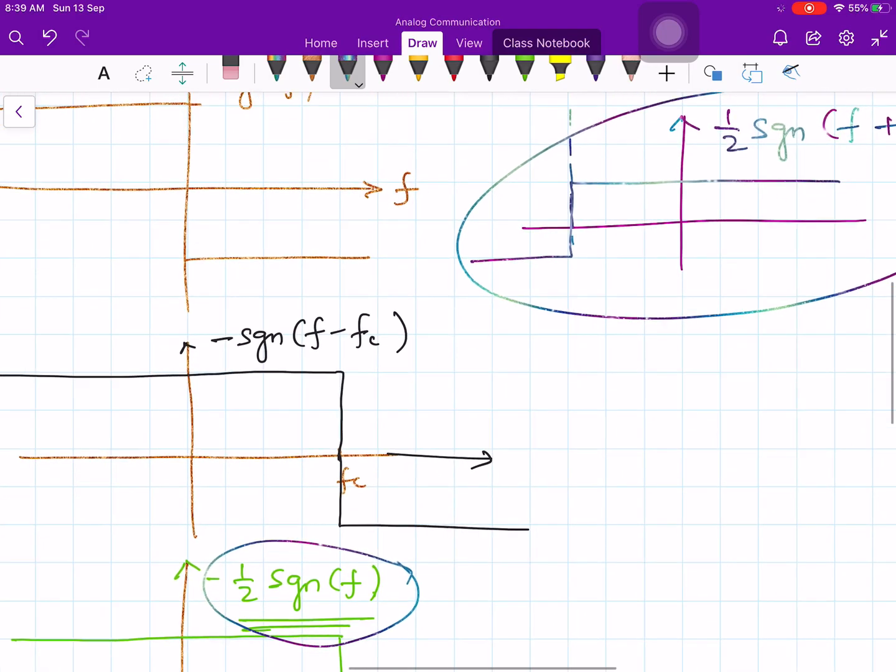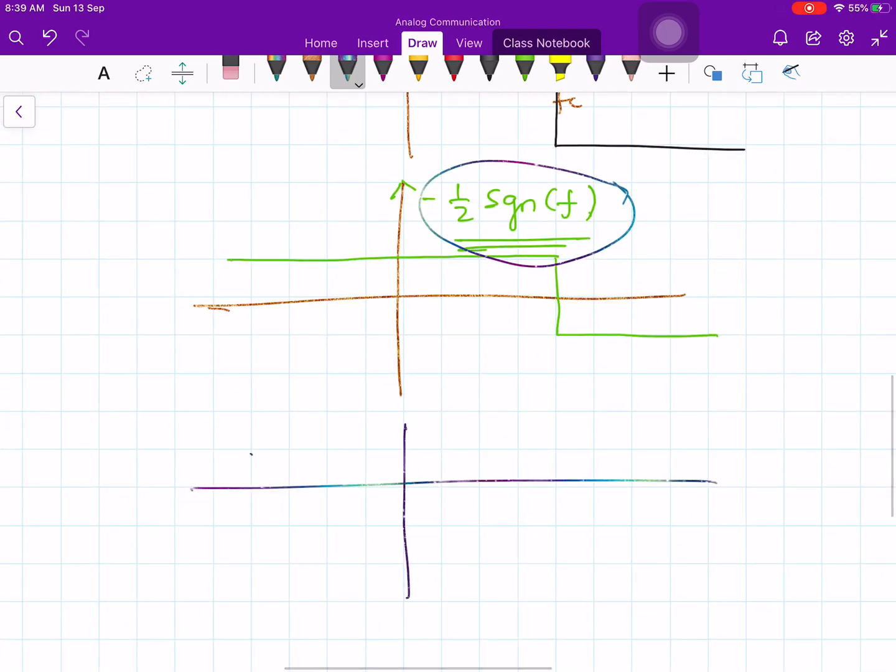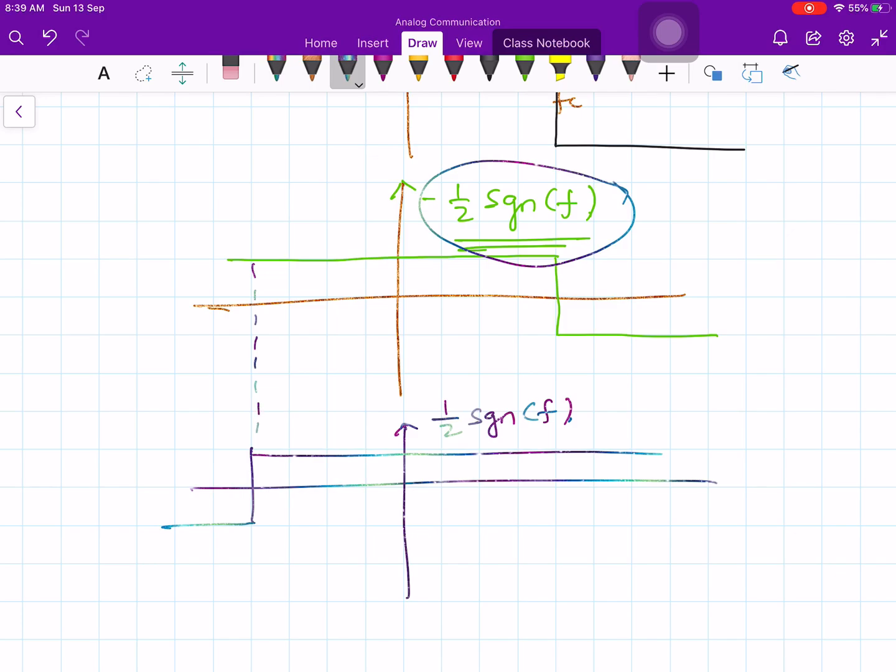This one is like this. This is half of signum of f. So, let me extend this point like this and this point also like that.